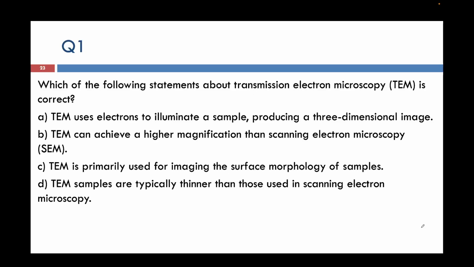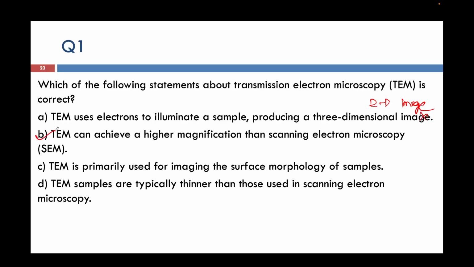Okay, TEM uses electrons to illuminate a sample producing a three-dimensional image. This is a wrong statement because TEM does not produce a three-dimensional image. It produces a two-dimensional image. TEM can achieve a higher magnification than scanning electron microscopy. Yes, it is the correct statement.